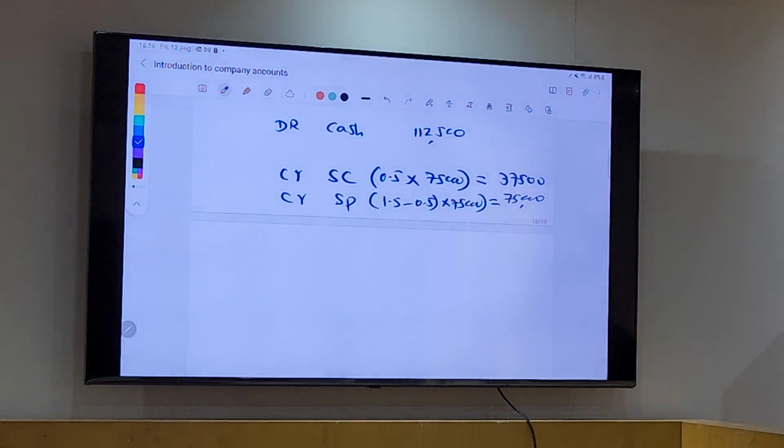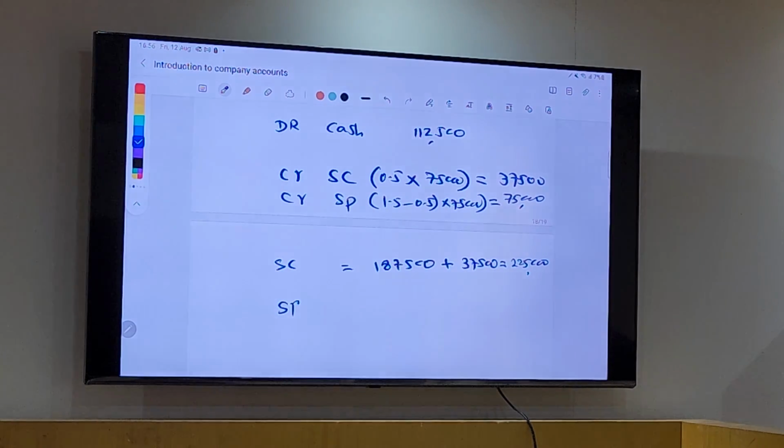Now after this issue, what will happen to the share capital? Already I have 187,500. Now add 37,500. This is for share capital, now after the rights issue. So how much is the total now? 225,000.